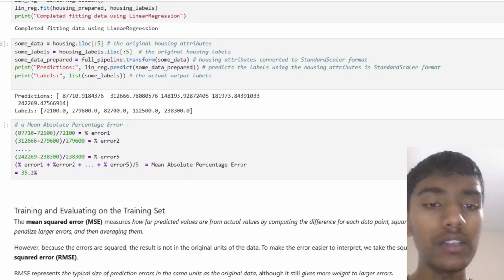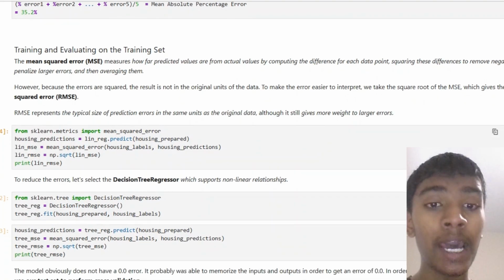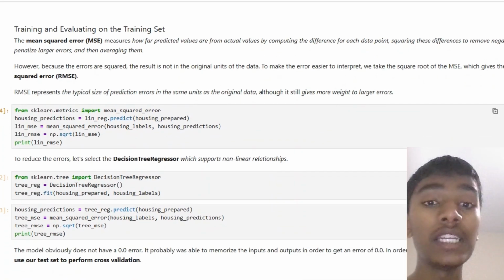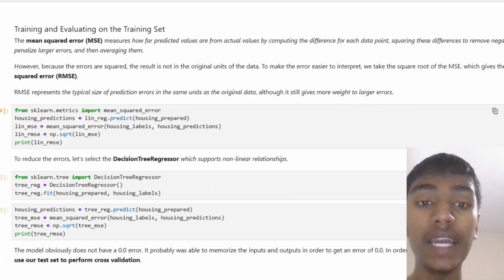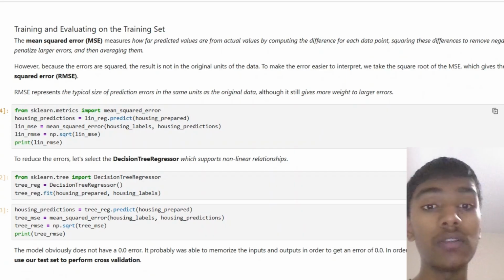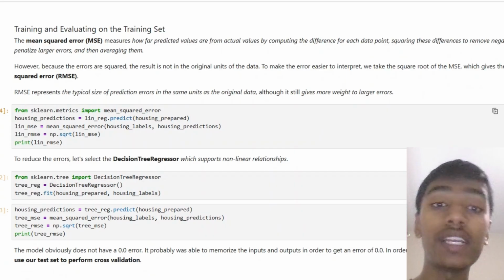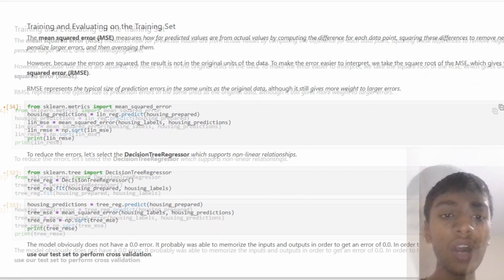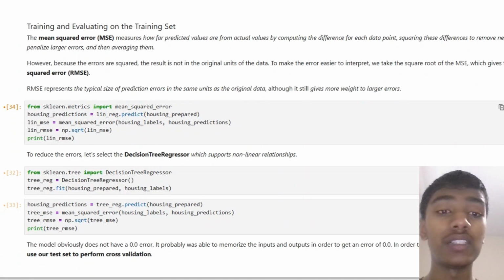So we're going to pass in the housing prepared data, and the linear regression model is now going to predict what the housing predictions are, again using that same model. This way, we're going to get the mean squared error for the entire data set, not just for 5 of those instances.